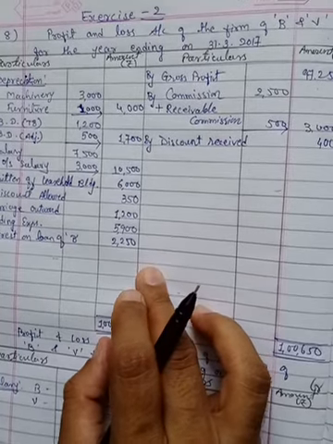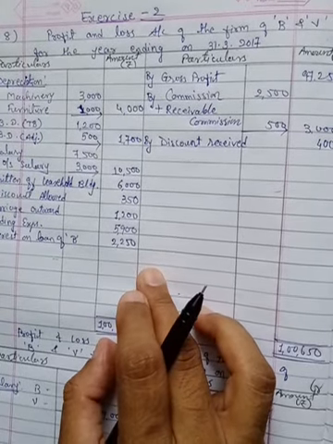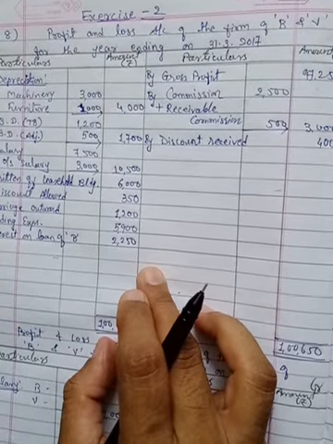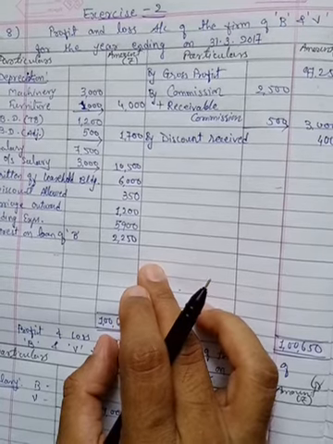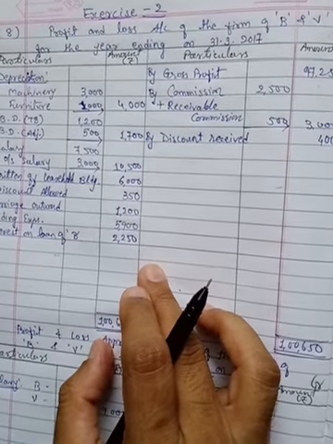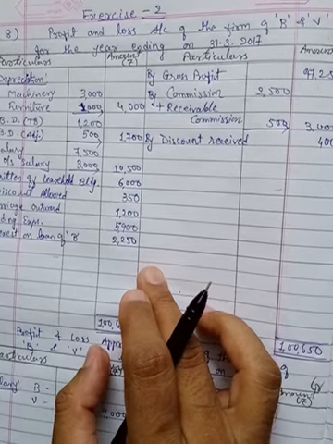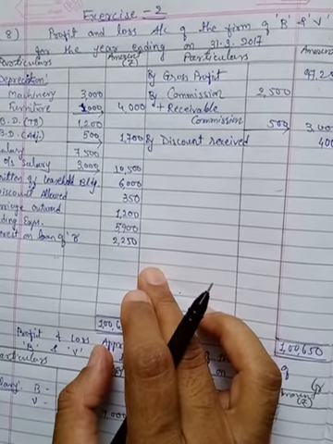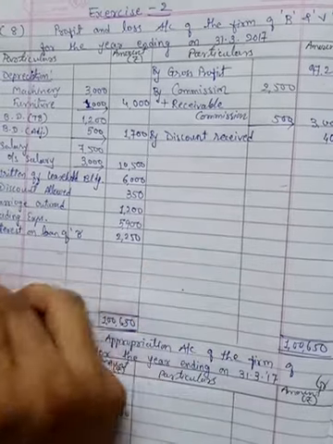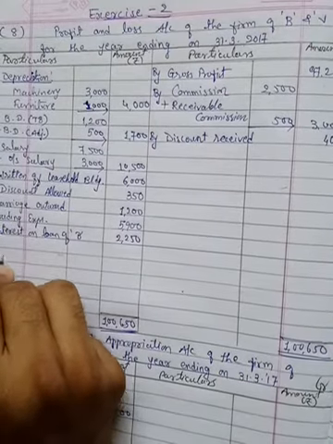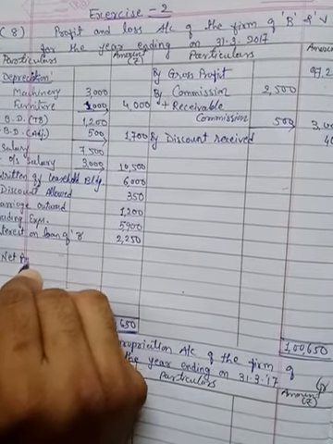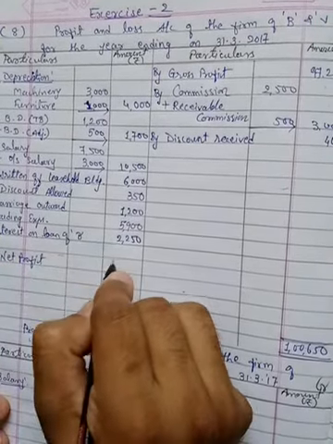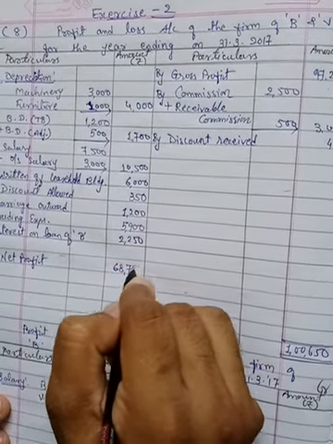That comes to 68,750, which is known as our net profit, right? So this net profit will be recorded on the debit side over here as net profit, which is transferred to profit and loss appropriation account, 68,750.